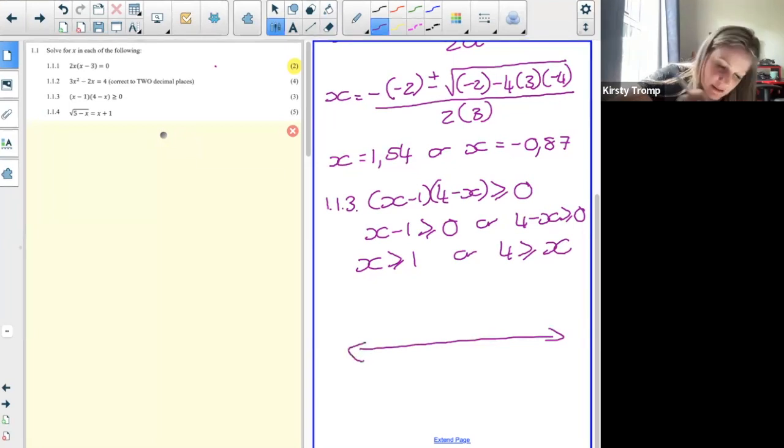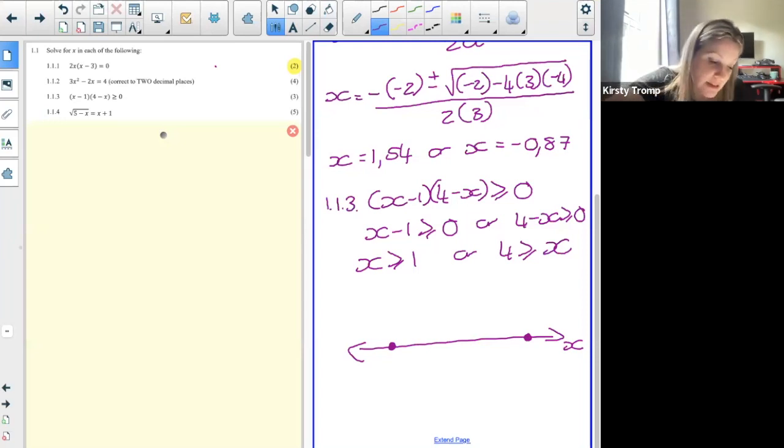x-axis. So here's x, there's the x-axis. My values are 1 and 4. So here's 1, and here is 4. If I had to take it out of the brackets, what would happen to x?